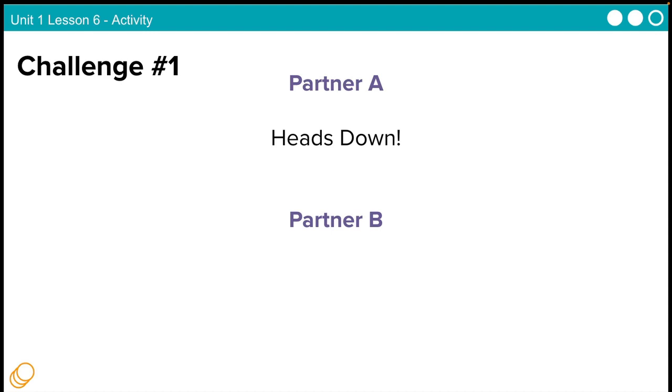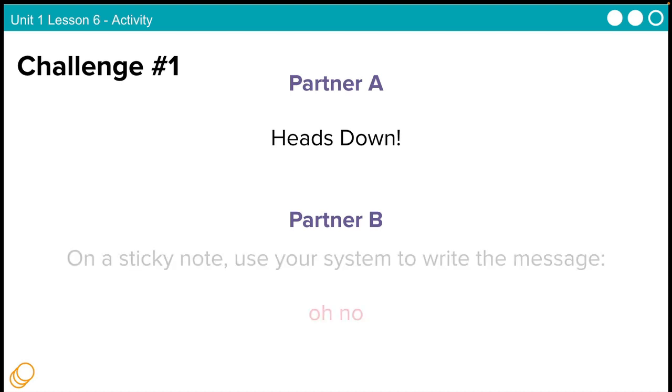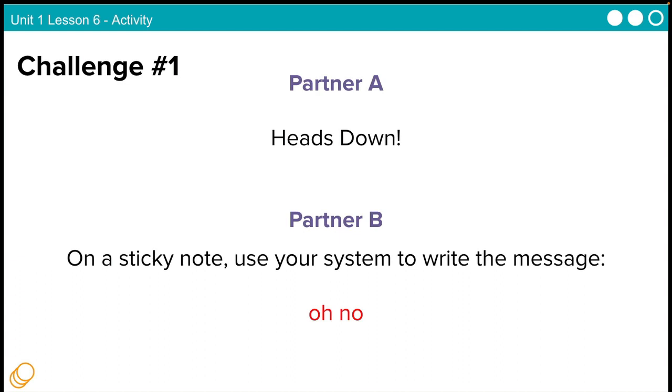And then the partner will get to guess, partner A will get to guess and see if they can get it correct. Okay. All right. So partner A, heads down, partner B, go ahead and represent this. If you don't have sticky notes, just use scratch paper or something, but write down the message. No letters. Can you represent that with numbers? So in the previous system that we're using, we could represent that.